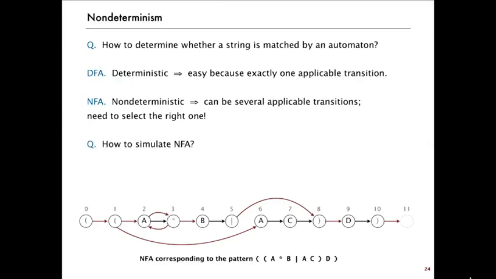But actually, the situation isn't so bad. What we can do to simulate the NFA is just make sure that we consider all possible transition sequences. And that's what our algorithm for regular expression pattern matching is going to be based on. That's what we'll look at next.